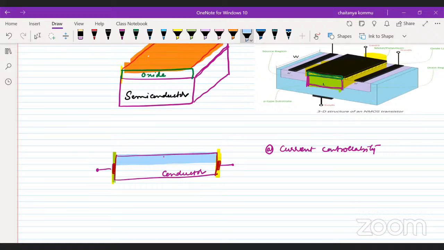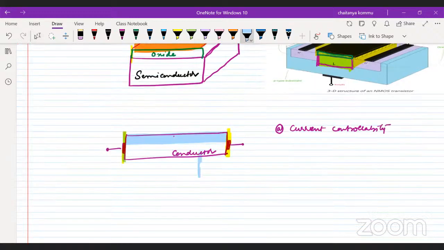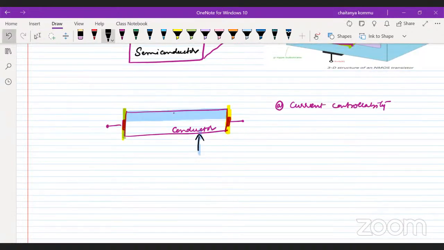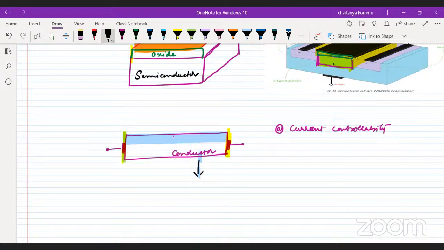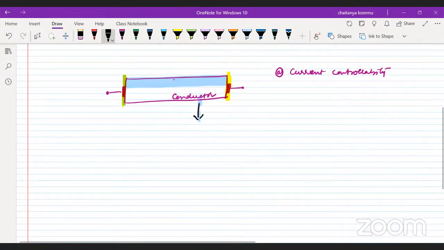Agreed? Therefore, semiconductors will come into the picture. Instead of a conductor, we would like to move to semiconductors. The same mechanism is also observed here.